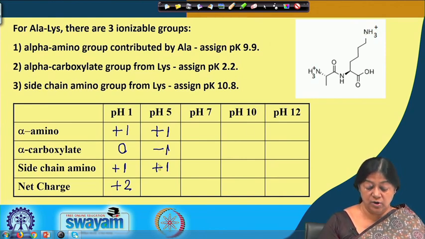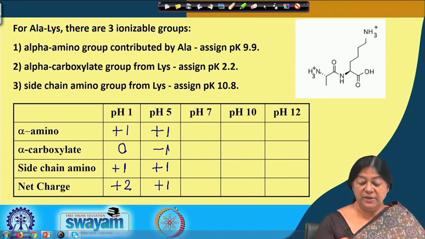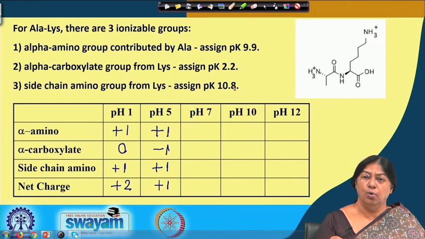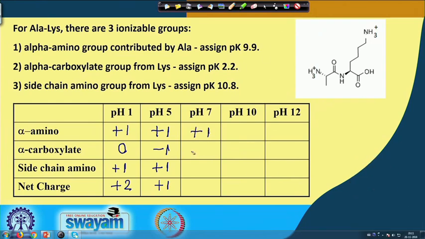So, what is the overall charge? It is +1. We go to pH 7, but do we have any changes at pH 7? No. So, it remains in the same condition where we have the same charges. We can write the same charges out, and it is still +1. So, there is no change here. As soon as we come to pH 10, what happens is we lose this.